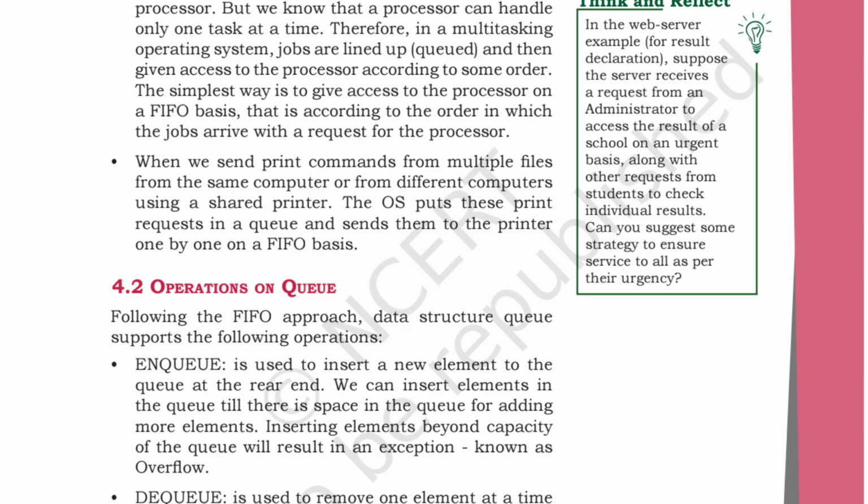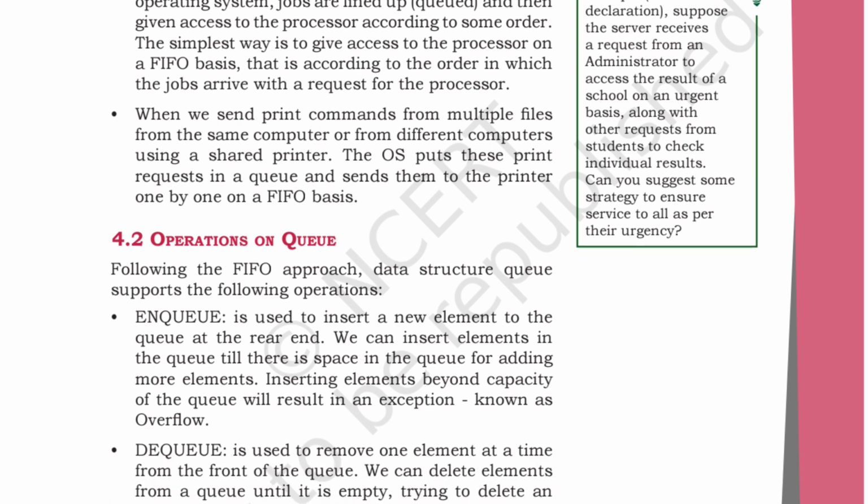So multiple files on a single printer, whether from the same computer or different computers using the shared printer, are put in the queue and then sent to the printer one by one on the FIFO basis.